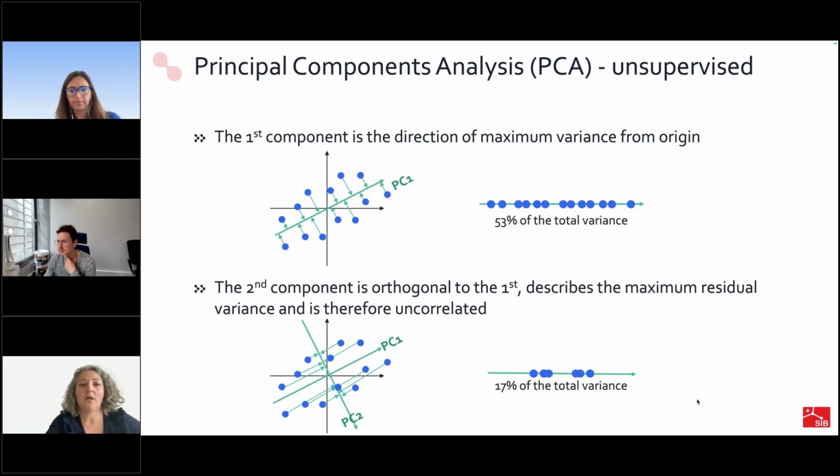So you compute different components that are orthogonal to one another, and each one tries to summarize a part of the variance. The first one summarizes the major part of the variance, then the second one summarizes the variance remaining after the removal of the first.